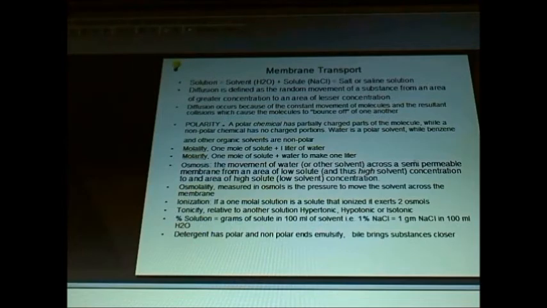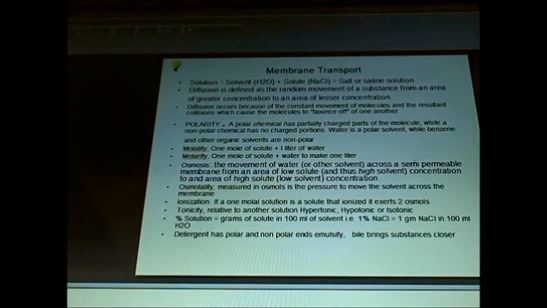Let's just stay with the sodium chloride. The 2 mol is hypertonic to the 1 mol. The 1 mol is hypotonic to the 2 mol. If both sides are equal, then they're considered isotonic, meaning that there would be no flow of water back and forth. They're the same osmoles on either side.